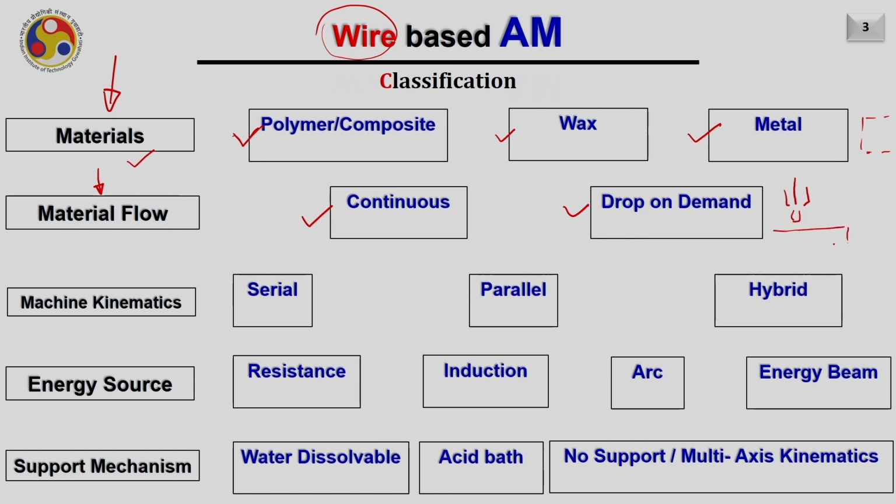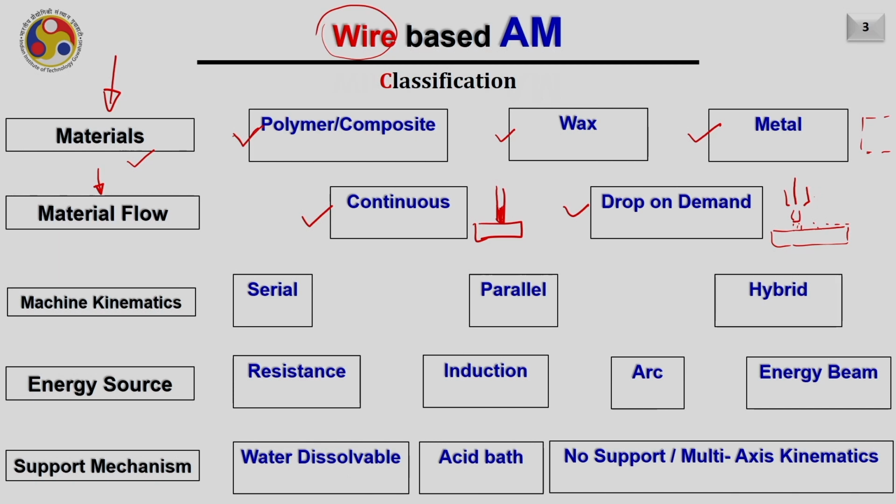Based on the drops generated here, the material will be transferred drop by drop on the substrate. While in the case of continuous, the wire itself gets melted onto the substrate. So, the wire keeps on coming out of the nozzle continuously in that case, not like in drops.